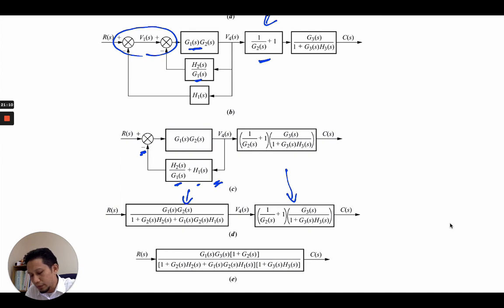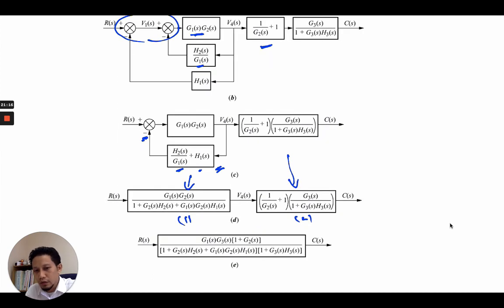So we can multiply both subsystem 1 and subsystem 2, so we will have a final simplified version of this block diagram, something like shown in figure E over here.